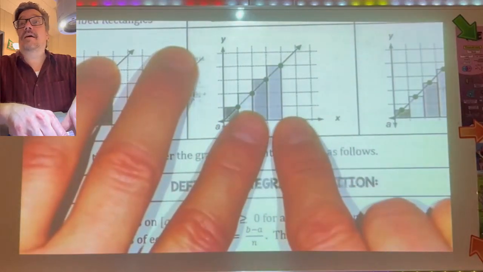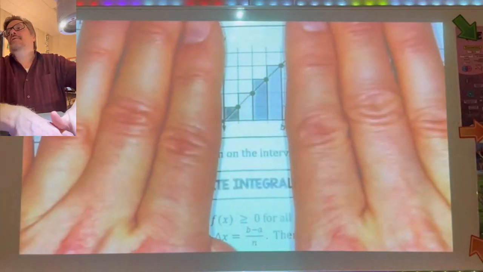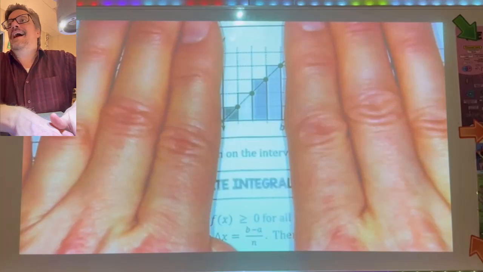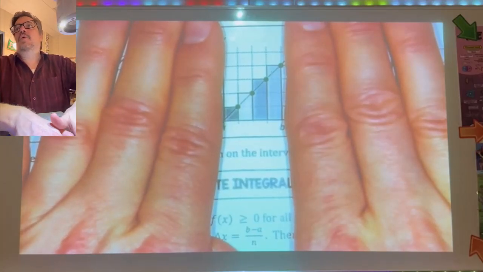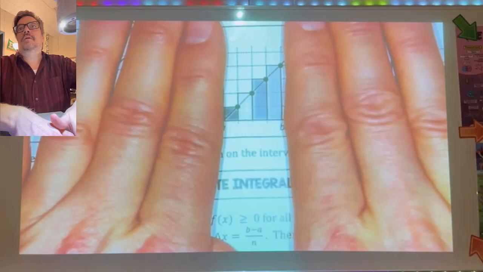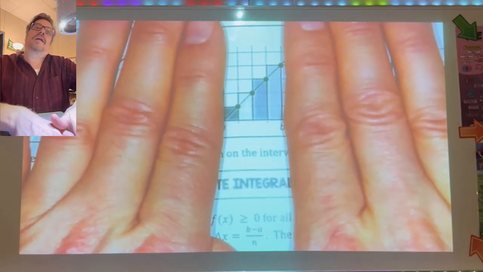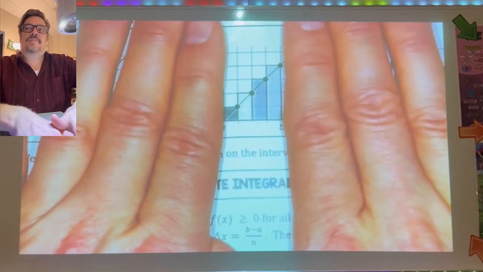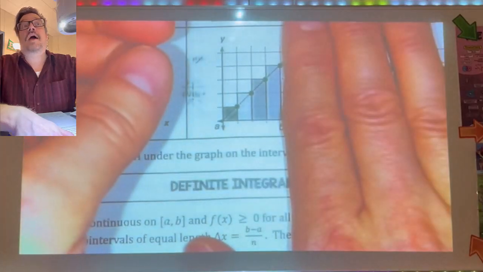This is 4 rectangles, right? What if I had 1,000 rectangles? Would I be closer? Oh yeah, I'd be really close. In fact, I'm 3D printing a physical example of why we're going to get closer and closer to the actual value.